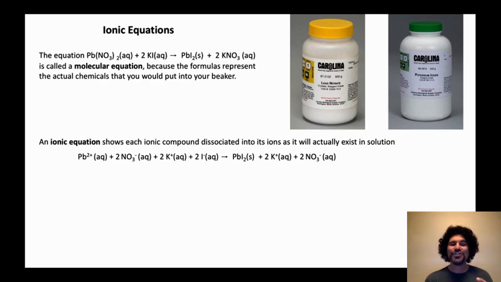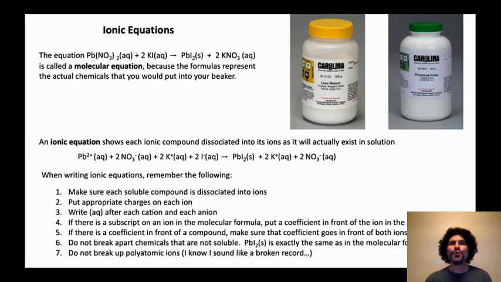Okay, so we've taken each of our starting materials, separated into ions, so now we have 4 different ions in solution, and then our products are still PbI2 solid. Okay, so if you have something that's not aqueous, that's a solid, it's going to look exactly the same as it does in the molecular formula, plus 2 K+ aqueous plus 2 NO3- aqueous.